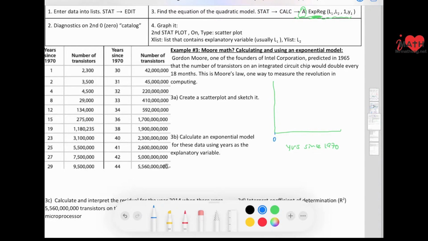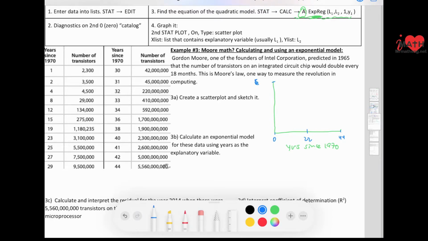0 would be 1970. You have 44 years on there, so you're going to go up to 44. Half that's 22. I don't know, you can just say six thousands, millions, billions, trillions. So you have 5.59, you have 5 trillion.